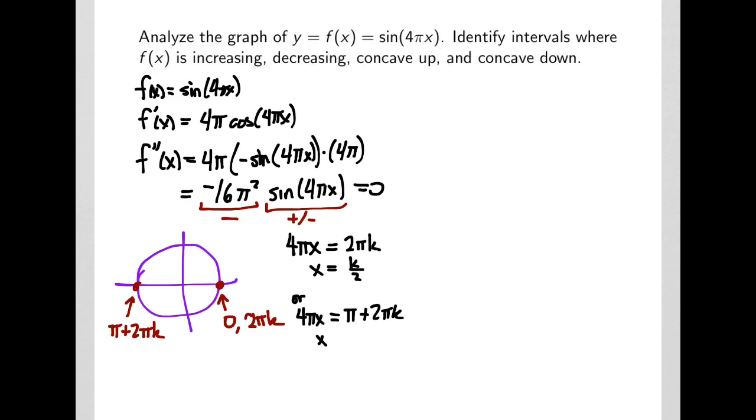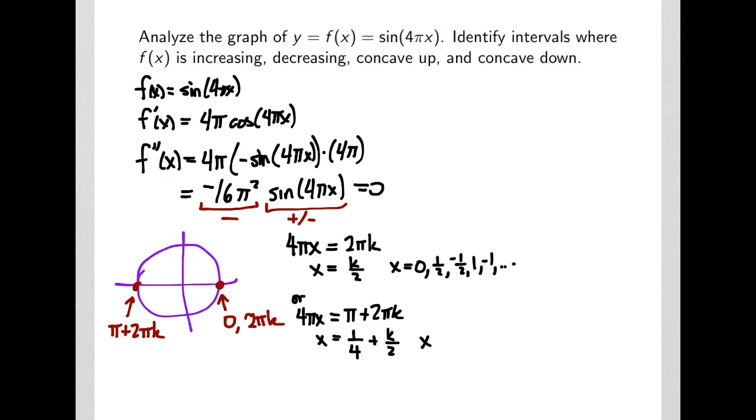And in the bottom, if I divide by 4 pi, I'll get a quarter plus k over 2. So if I think about what kind of values this gives me, when k equals 0, I get x equals 0, or a half, or minus a half, or 2 halves, which is 1, or minus 1. I get all the halves.